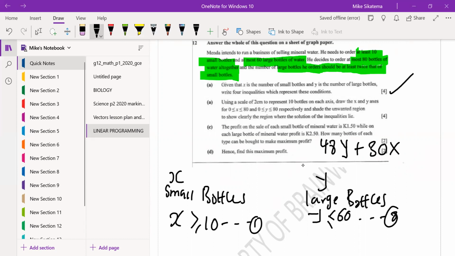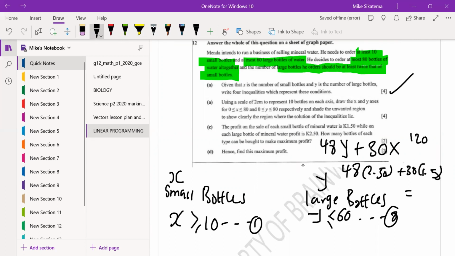So to find the maximum profit, that would be 48 multiplied by 2 kwacha 50 ngwe for large bottles, plus 30 multiplied by 1 kwacha 50 ngwe. So 48 multiplied by 2.50 is 120.